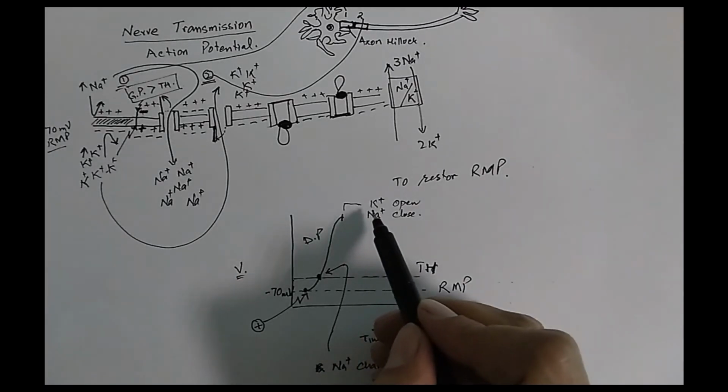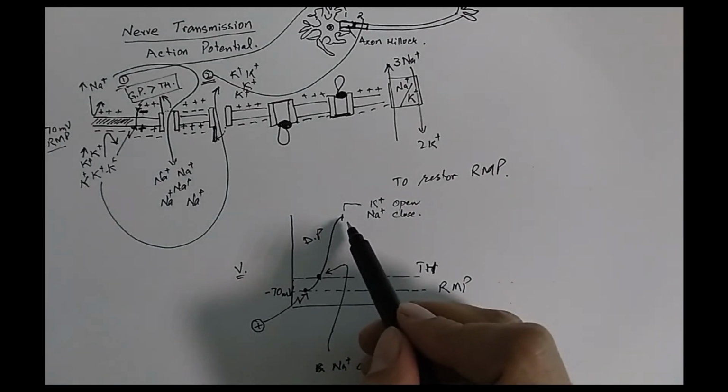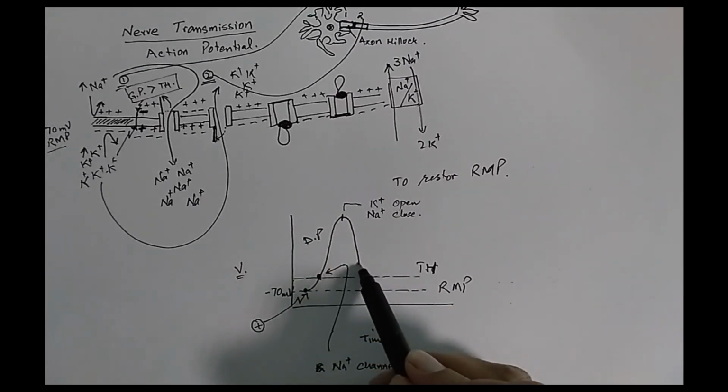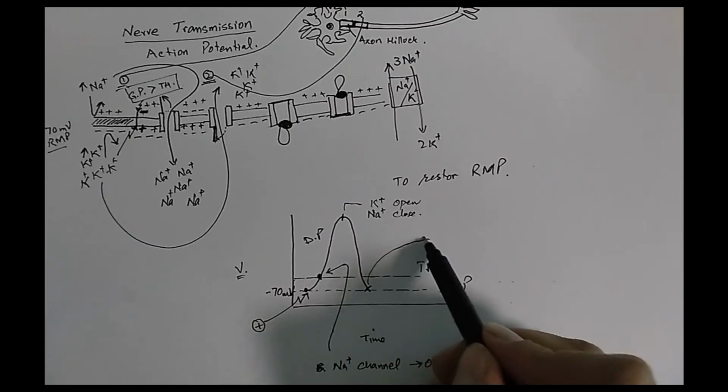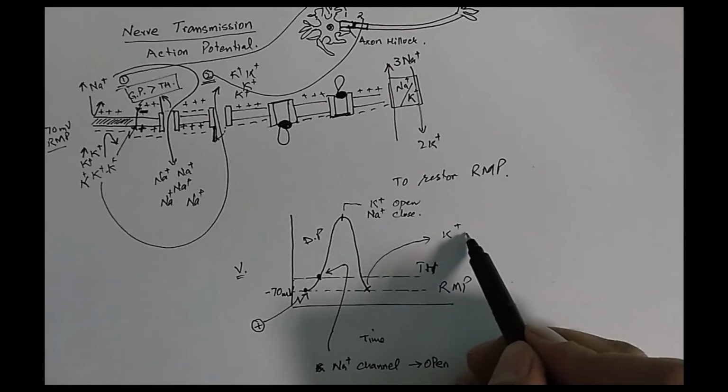The opening of the potassium channels results in the diffusion of the excessive potassium ions out of the neuron cells, resulting in the restoration of the membrane potential to negative inside, and this reaches the resting membrane potential, and at this point the potassium channels also close.